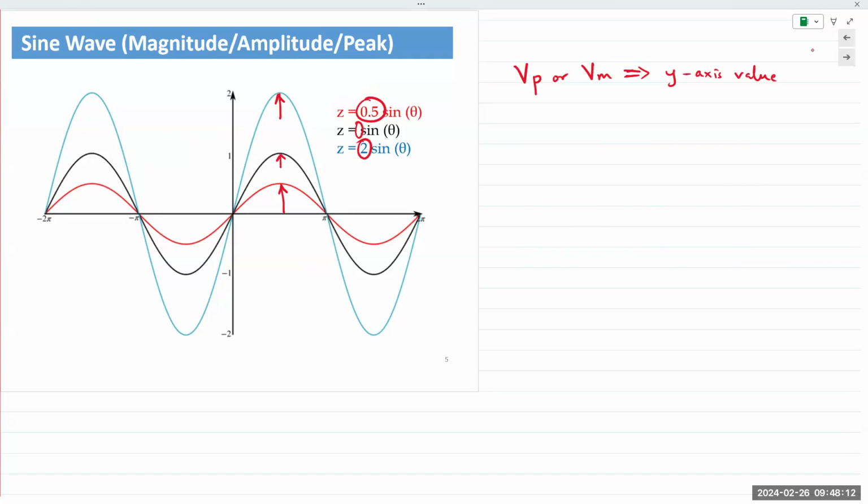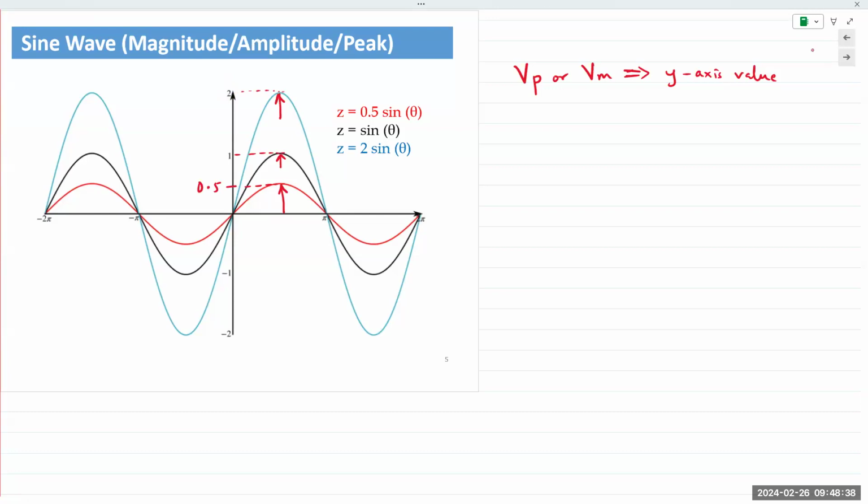The shortest one, the waveform in red, has a value of 0.5. The second waveform isn't listed, and if it's not listed, it's 1, so it's 1 sine theta. And then, of course, the third one is 2.